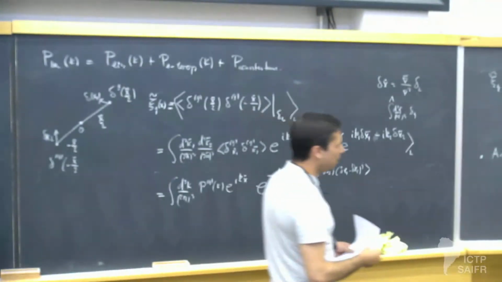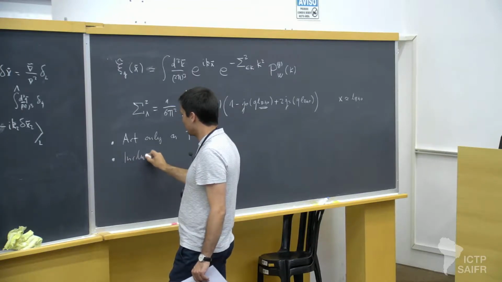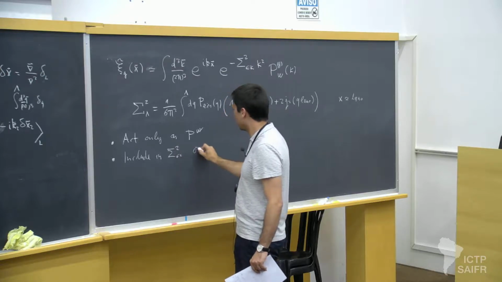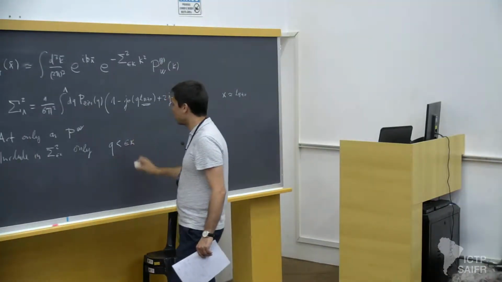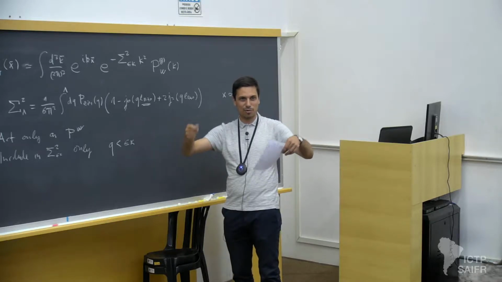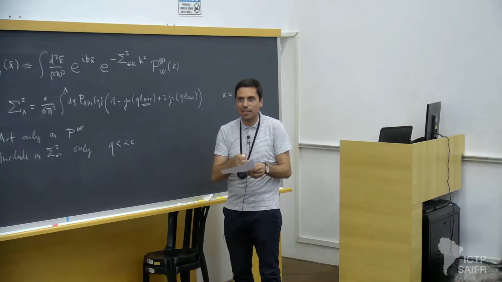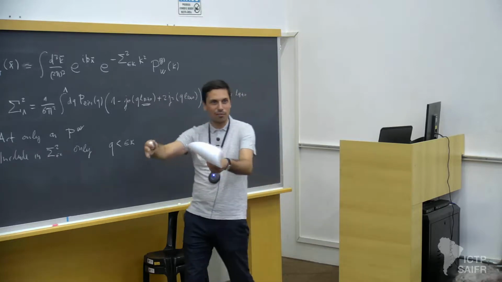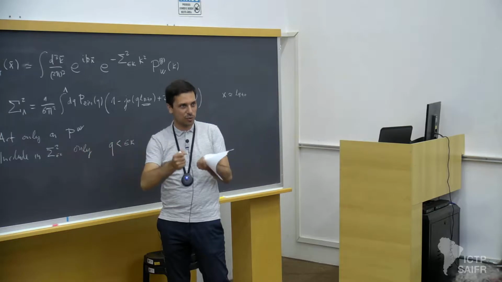And more properly, I want to include in sigma squared only q smaller than some epsilon k. So if I'm considering a k wave number that contributes to the correlation function, I don't want to include long wavelength modes which are shorter than k. This doesn't make any sense. The argument that we use to derive this formula for bulk flows applies only if I'm talking about the long wavelength fluctuations, not the short wavelength fluctuations.